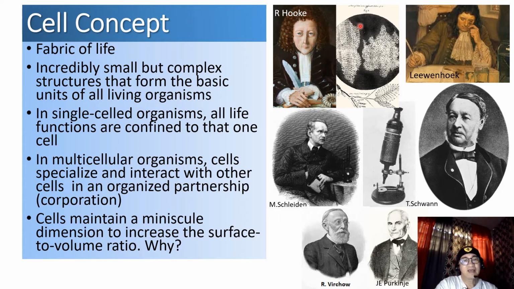In 1839, Johannes Purkinje coined the term protoplasm as the fluid substance of the cell. And in 1855, Rudolf Virchow published his cellular theory that all cells come from pre-existing cells. These six persons are the giants on whose shoulders many cell biologists sit in their ideas.